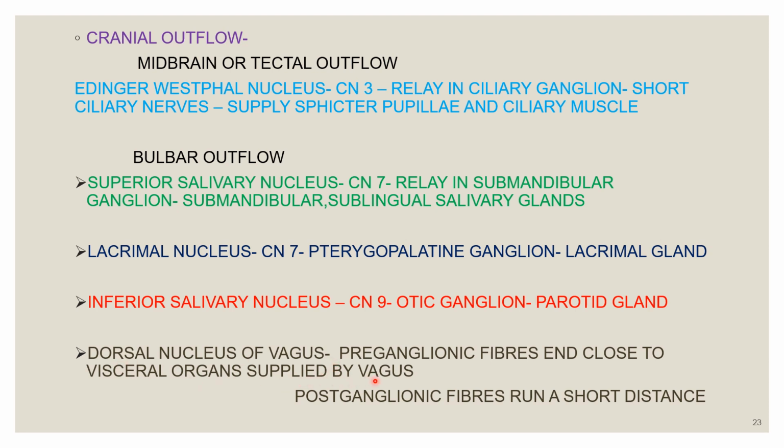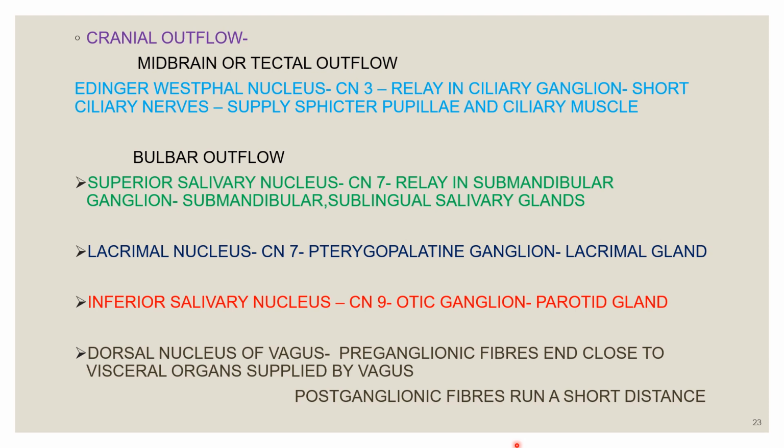The preganglionic fibers travel in the vagus nerve and end in ganglia which are closely related to the visceral organs, such as heart, lungs, bronchi, stomach, esophagus, small intestine, and large intestine up to 2/3 of the transverse colon.